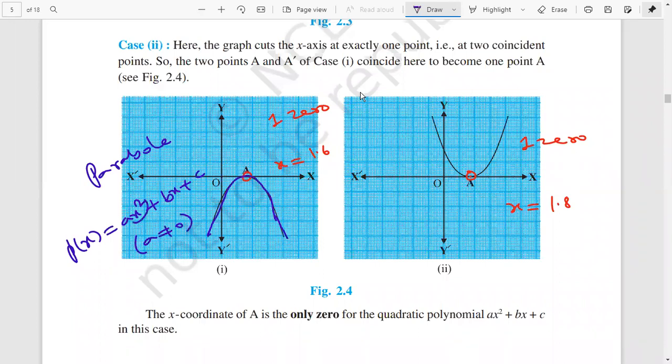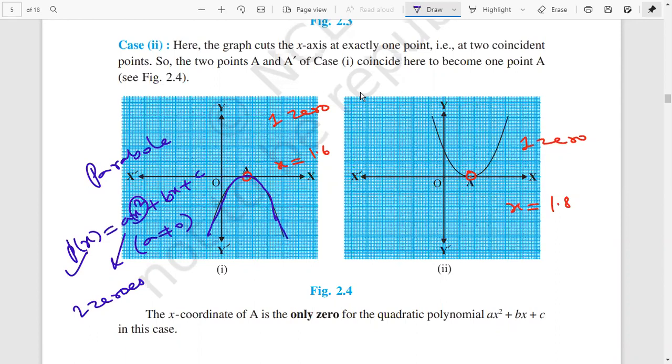So degree is 2, which means 2 zeros should come, and this parabola or quadratic curve should cut the x-axis at 2 points. But here we can see only 1 point.